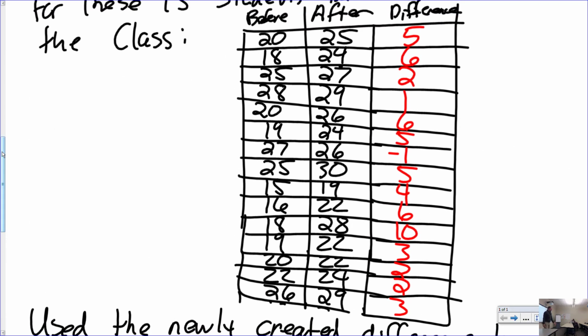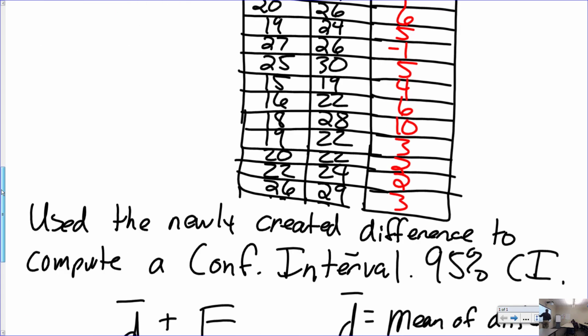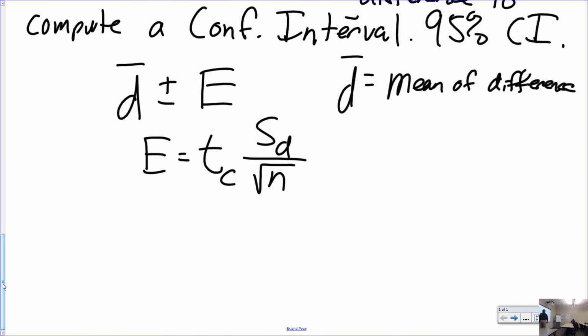So, how do we calculate D bar, folks? Yeah, it's an average, right? It's a mean. So add up the D's and divide by the number of D's. 3.9 change. What I'm going to do is put them into my statistical calculator, because I also need to calculate S sub D. Guess what S sub D represents?